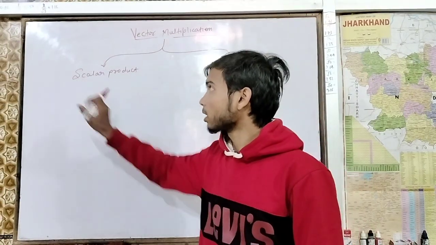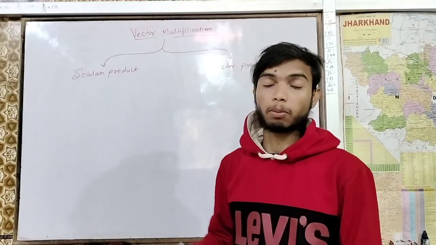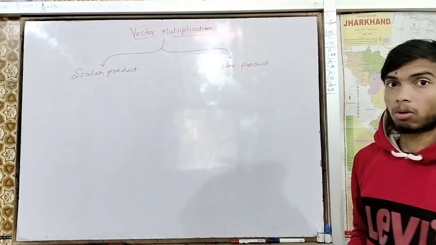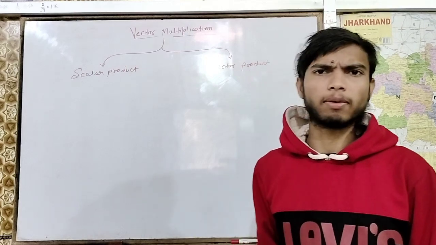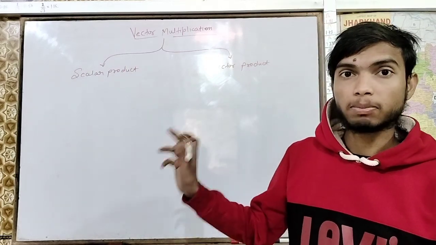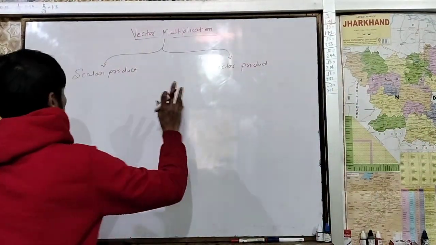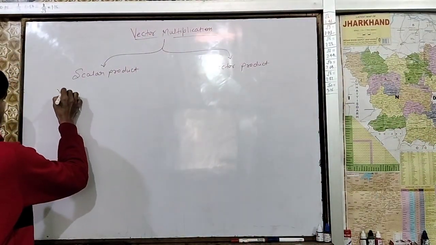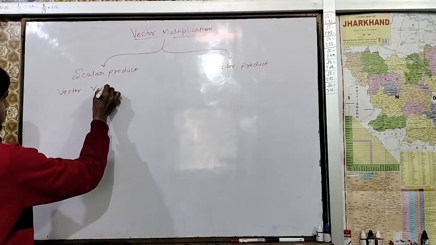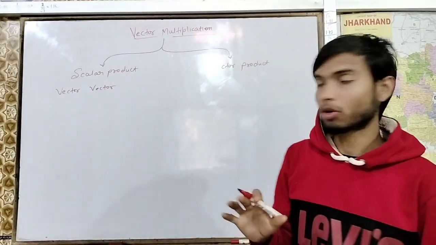When we talk about a scalar product, it means we are multiplying vectors. When we talk about a vector product, here also we are doing multiplication. The difference between them is when you multiply two vectors. This dot is the sign of multiplication for scalar.